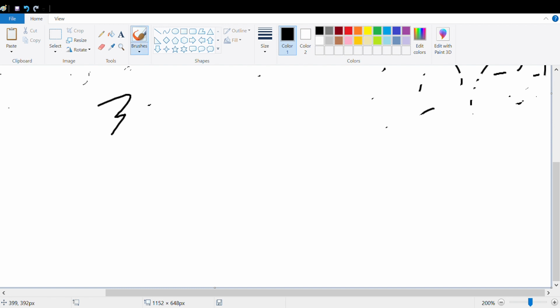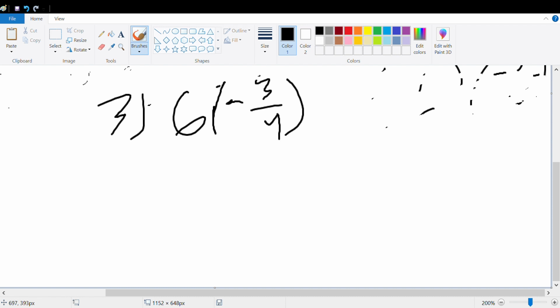So for example 3, we're going to be multiplying 6 times negative 3/4. Okay. So when we're doing this, we see that the denominator is a positive number, and the number outside the parentheses is also a positive number.